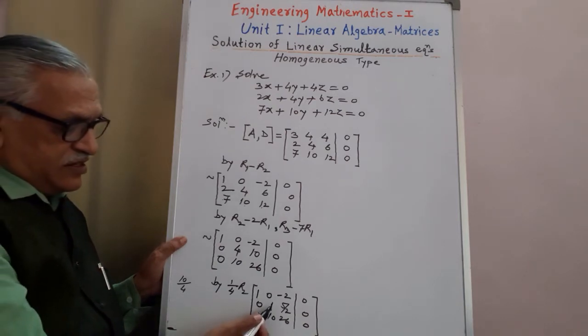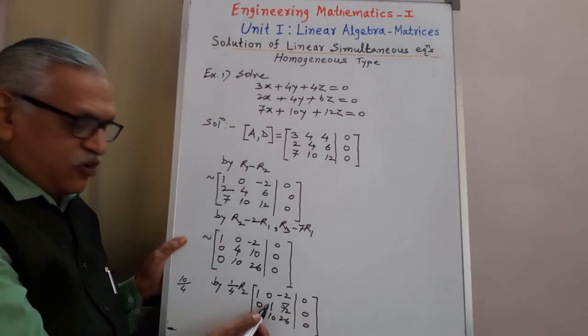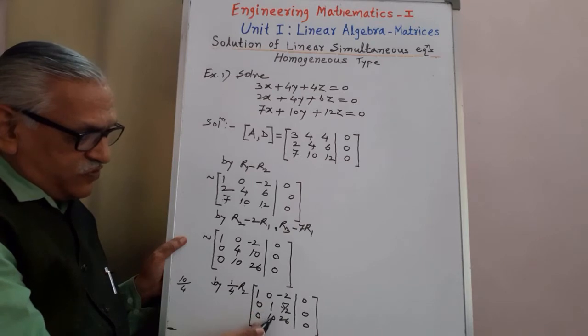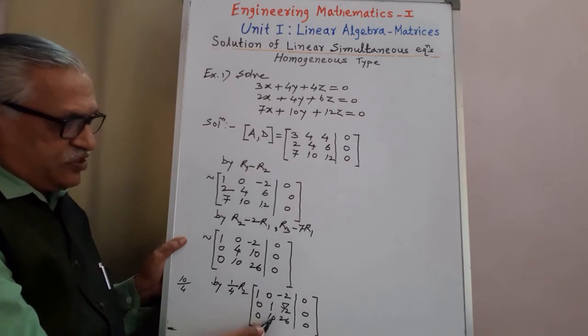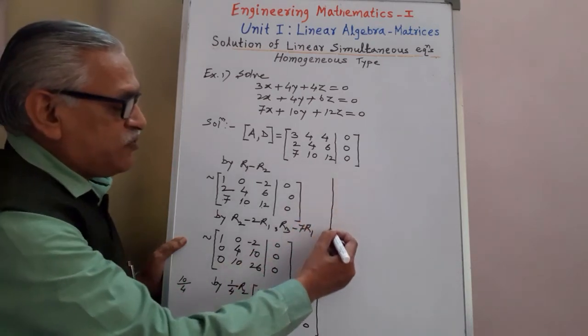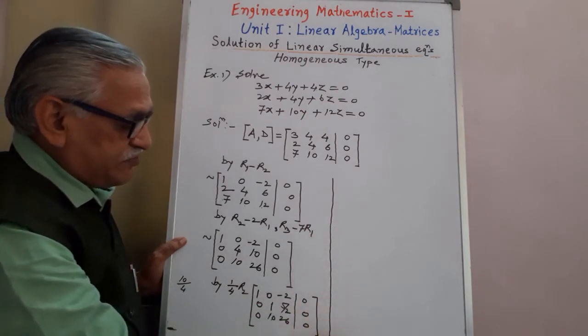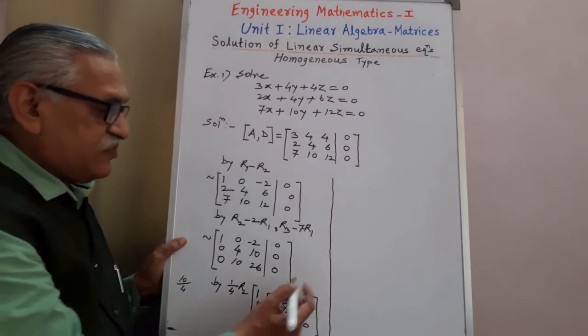Okay. Second diagonal element here is 1, non-zero, and using this one we can convert this element to 0 by applying the transformation. Therefore 10 minus 10 we get 0.